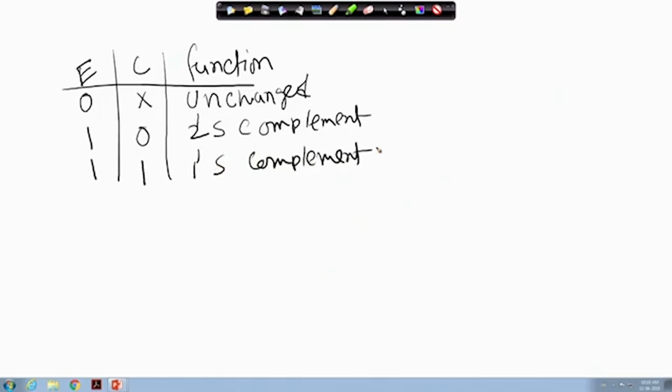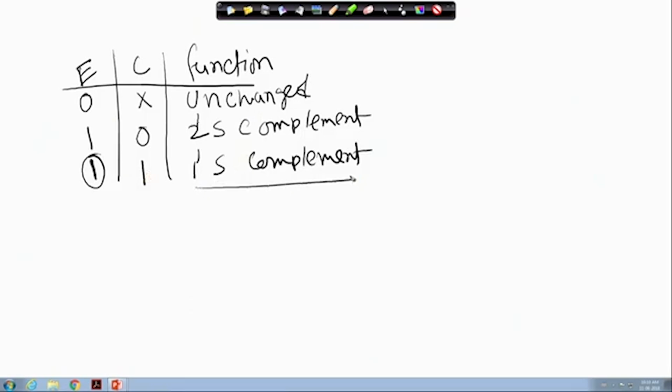I think in the earlier class it was mentioned as 0, but it is not 0, it is 1. So when both E and C are 1, it will give me the 1's complement. Otherwise the circuit will remain the same. Now I will explain how it works.